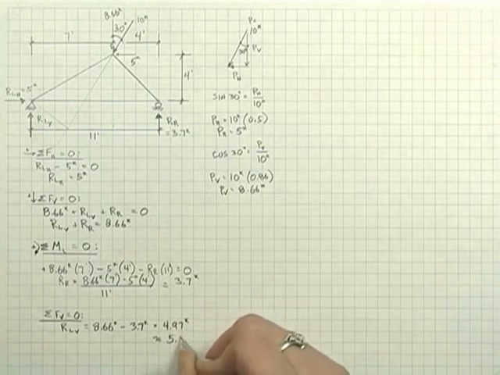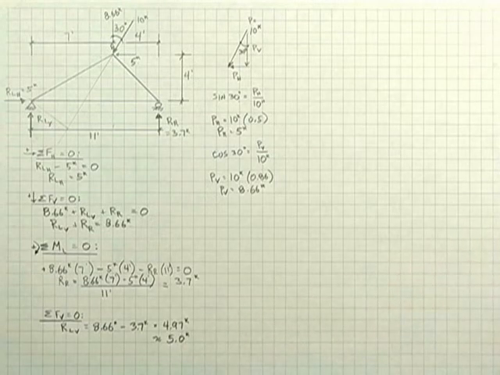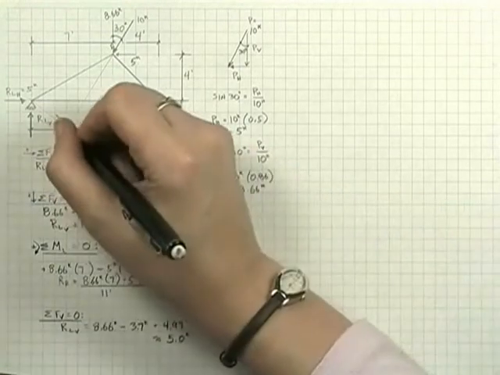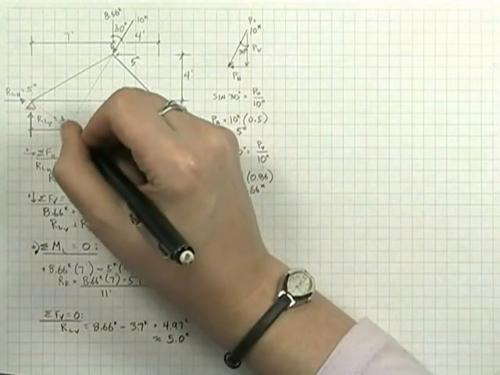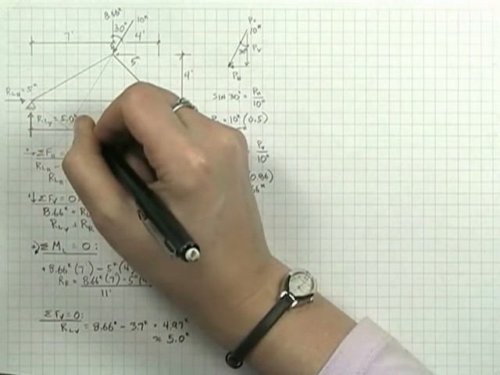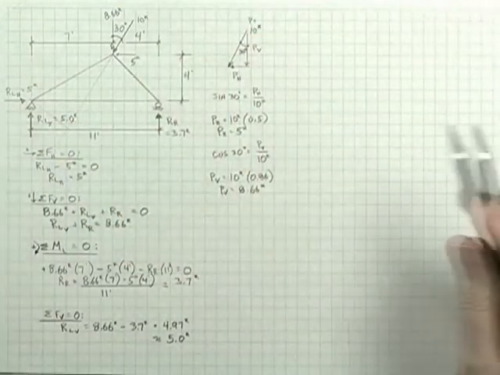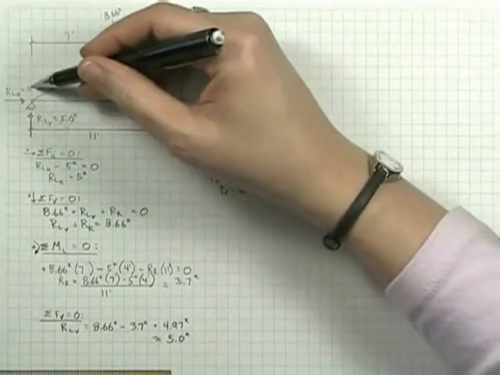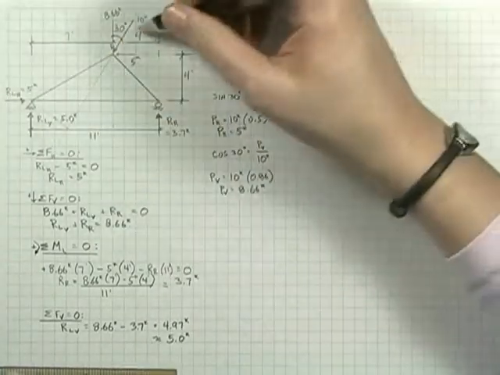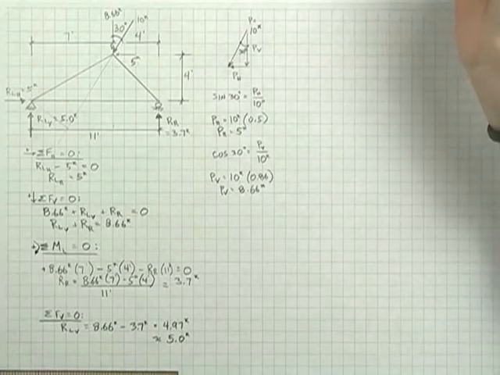So we'll round that up to 5 kips. Only a 30-pound difference. So very interesting here, we ended up with 5 kips horizontally and 5 kips vertically under this particular loading.